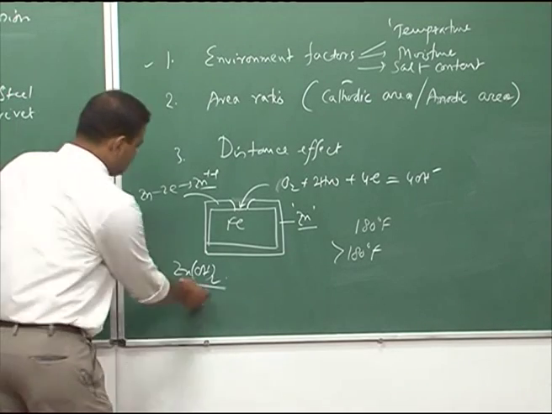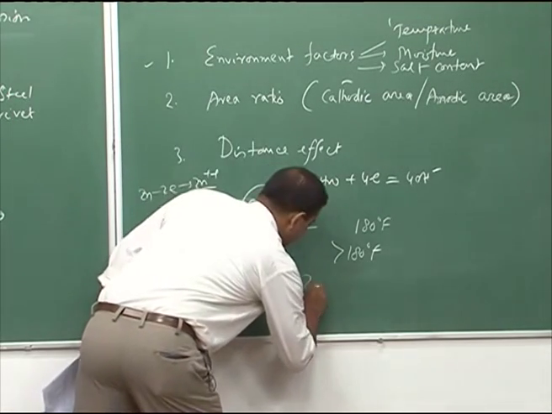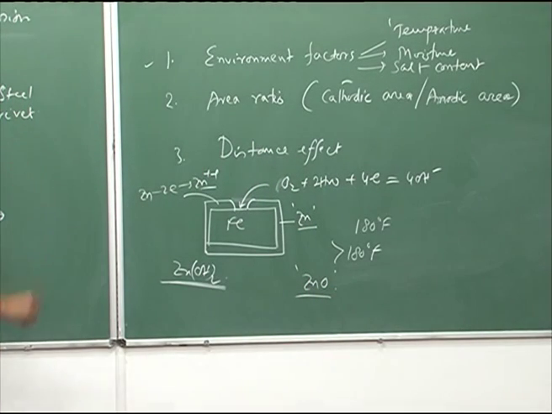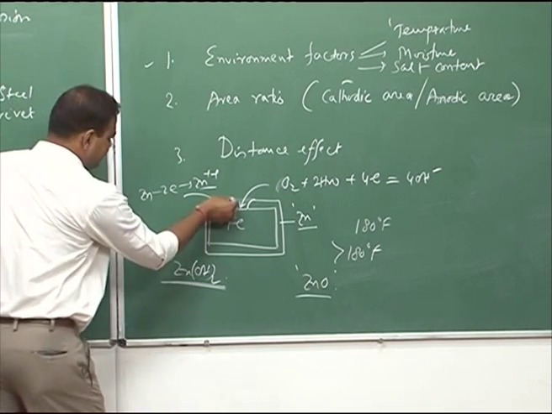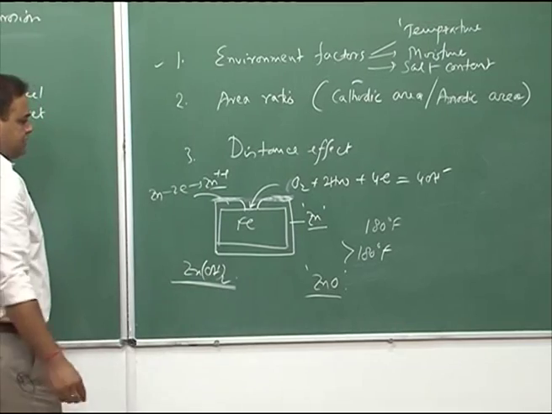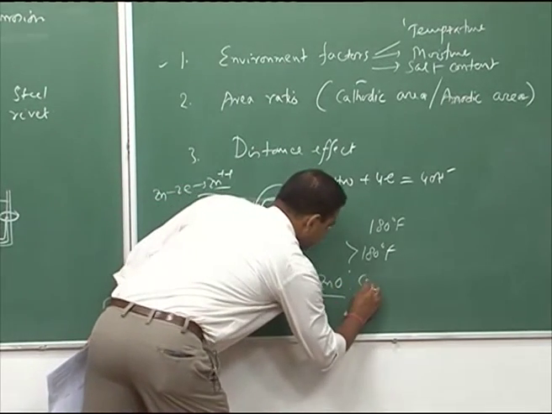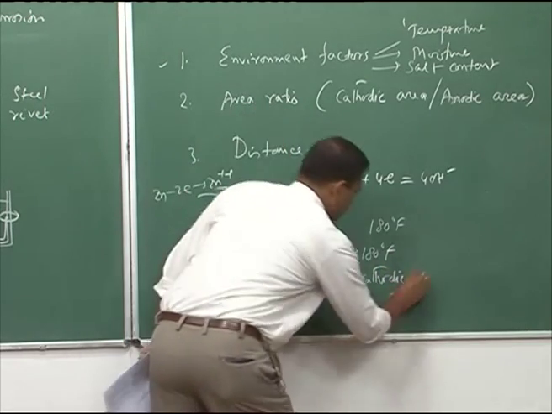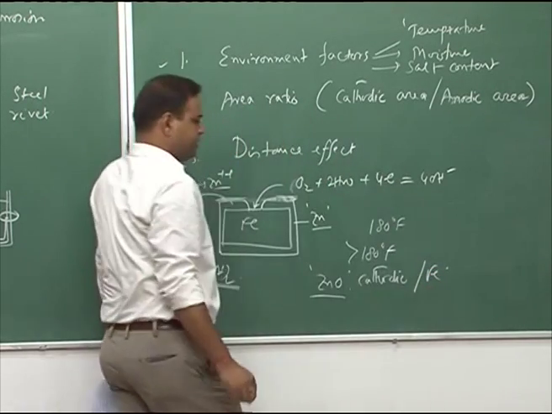In that case, instead of zinc hydroxide, zinc oxide will form, which is a very adherent layer on the zinc surface. Zinc oxide is cathodic compared to iron.